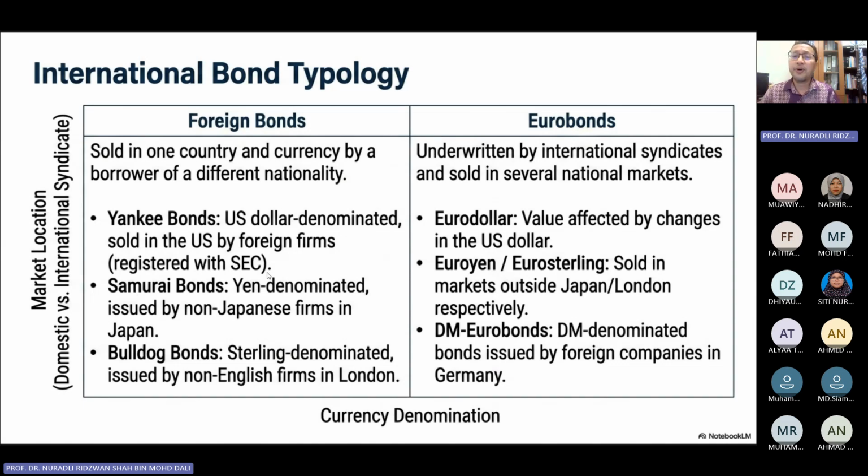And then we also have Euro bond, underwritten by international syndicates and sold in several national markets. So if you are intending, or maybe if you become a fund manager, you can actually go and look at these international bonds.